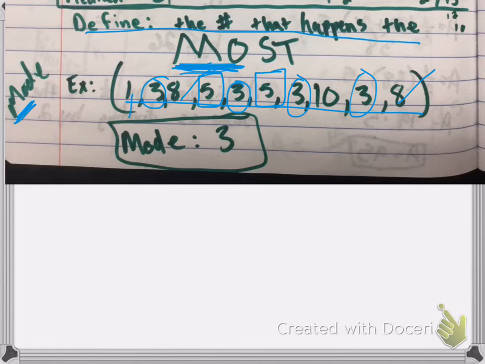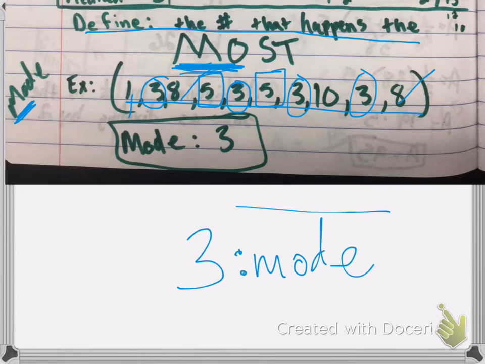Well, I've got 2 5s, 2 8s, and 4 3s. Well, 3 happens the most, so 3 is my mode because it happens the most. Yes, there were other numbers that happened more than once, but the one that is in your data set the most is the one that is your mode.